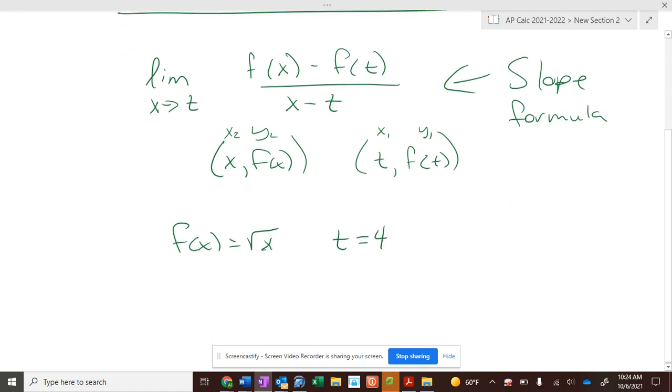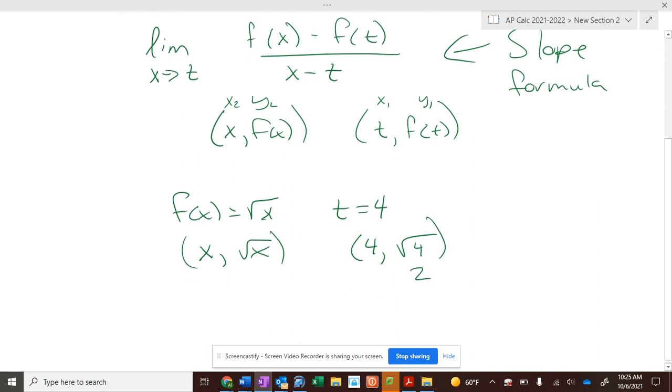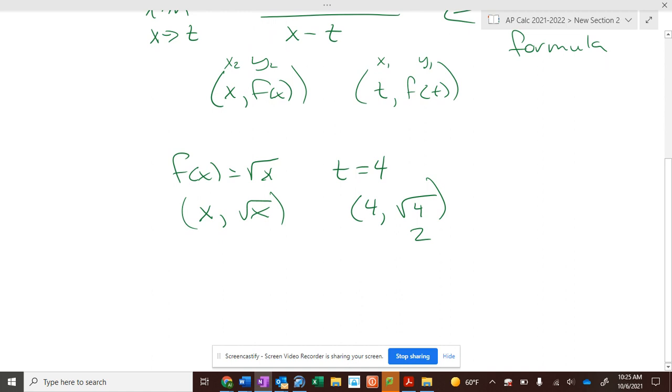One of my points is x, square root of x, because that's x and f of x. The other point would be 4 and square root of 4. Well, what's square root of 4? 2, okay? So it'd be 4, 2.